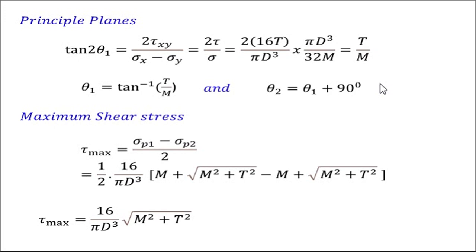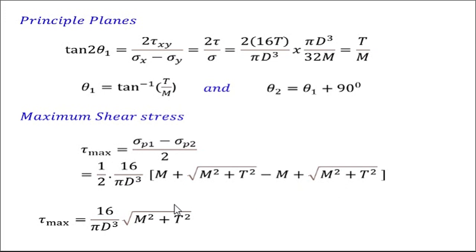And after that, maximum shear stress can be determined by, again, the basic formula, that tau max is equal to sigma p1 minus sigma p2 divided by 2. We have already determined sigma p1 and sigma p2. So if you put both of these values into this expression and simplify, your expression will be one half into 16 divided by pi d cube in bracket M plus under root of M square plus T square minus M plus M under root of M square plus T square.